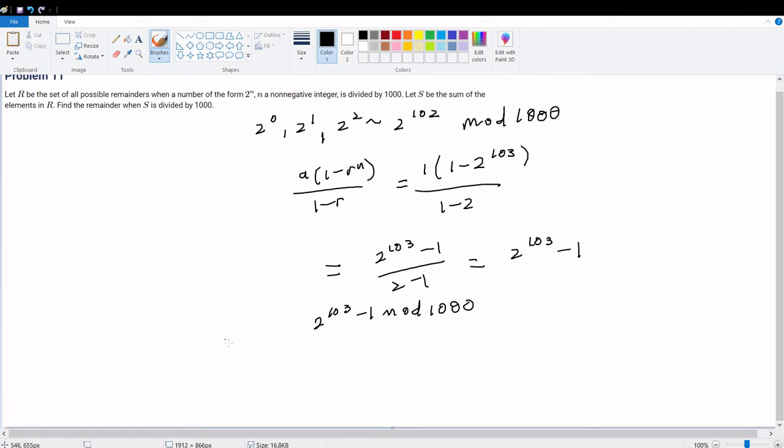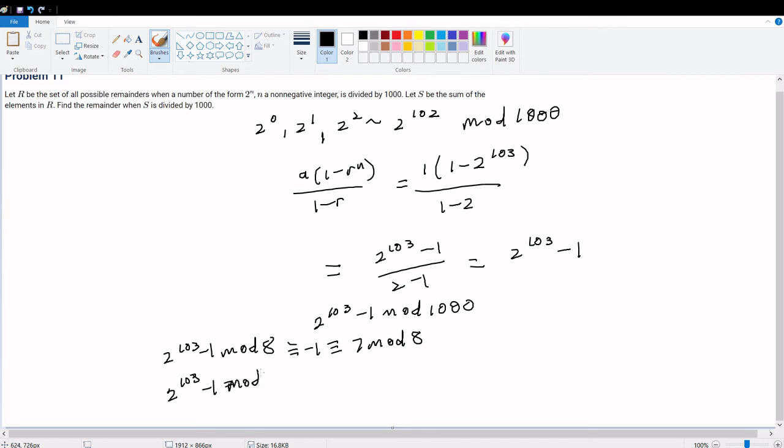Not that much. Okay. So, let's find 2 to the 103 minus 1 mod 8 first. It's easy to see that this first term is divisible by 8, so this thing is just going to be congruent to negative 1, which is congruent to 7 mod 8. Perfect. And now we want to find 2 to the 103 minus 1 mod 125.